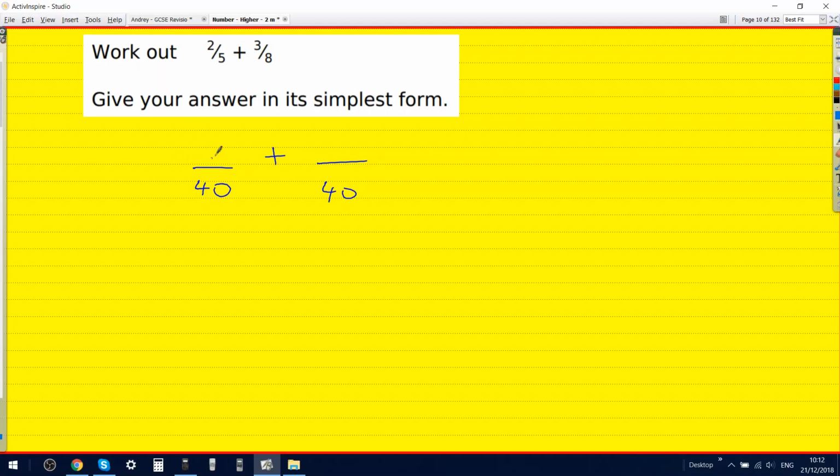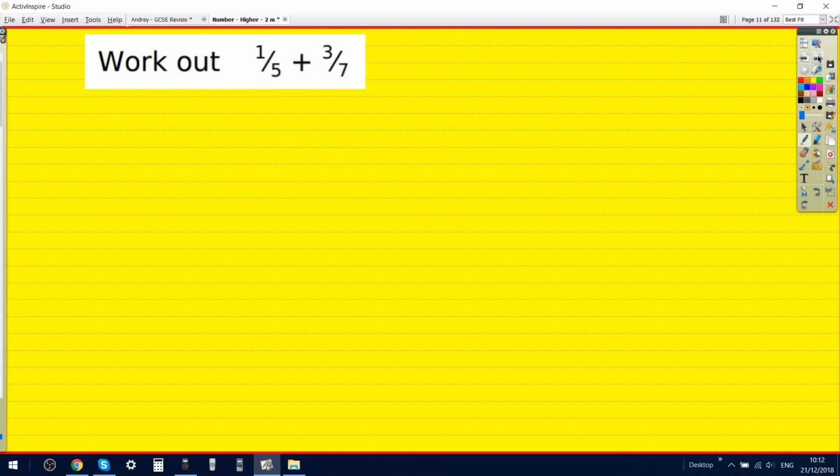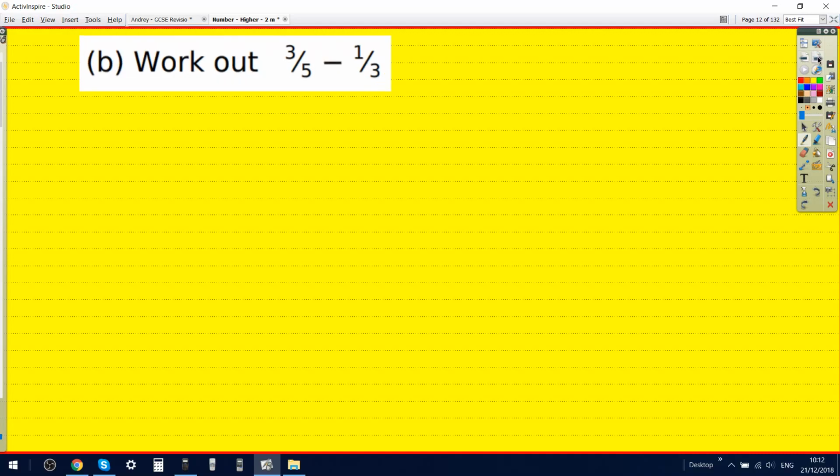And then on the left bit it will be 16 over 40, and then on the right bit it will be 15. I think, yeah. And then you add it together, and that'll give you 31 over 40. That's it. And I think that's simplest, yeah. Yeah, that's weird. Give your answer in its simplest form, but it is. Okay. Tricking us. So fine.